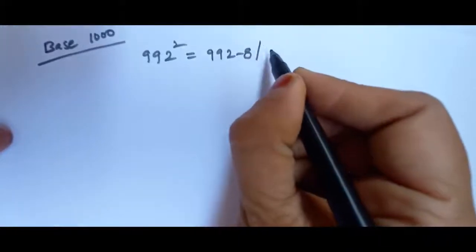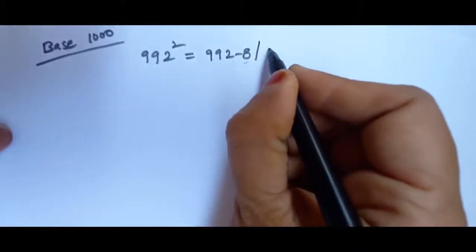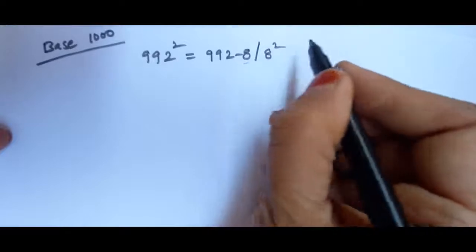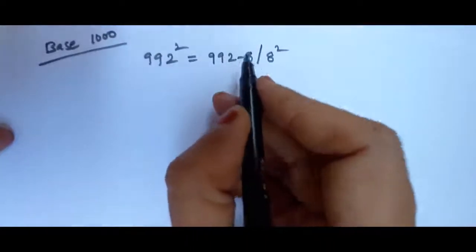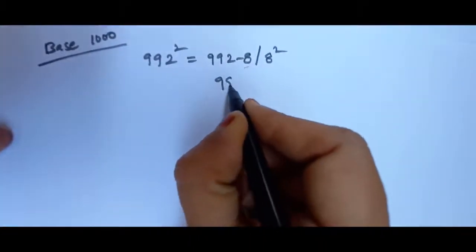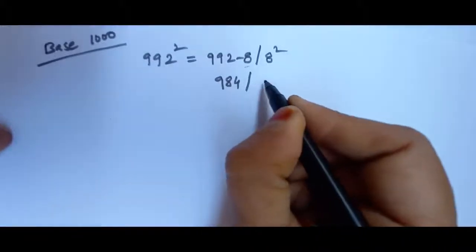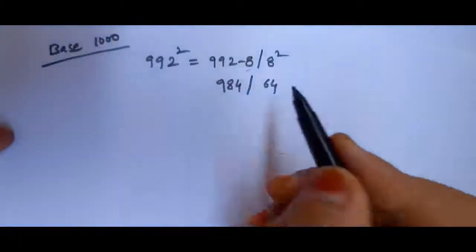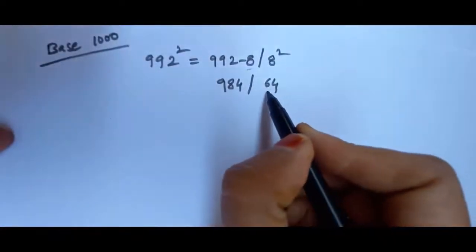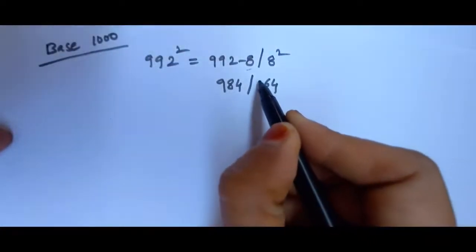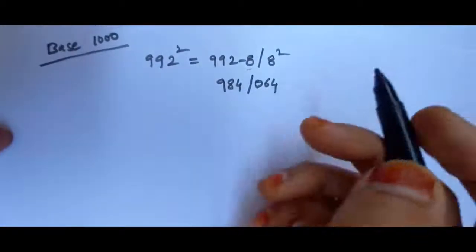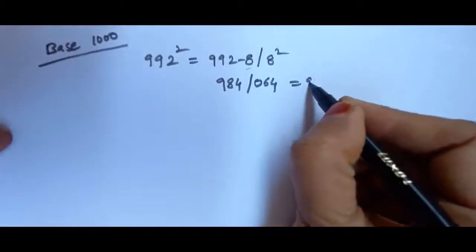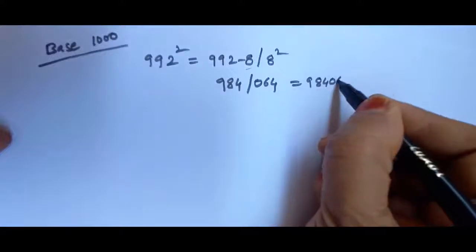Next, 8 square we need to write here, right? So 992 minus 8 is equal to 984. 8 square is 64. Here the base is 1000, so we need to write the answer in 3 digits. But here we got only 2 digits, no? So we need to add 0 here. So what is the answer? 984064 is the answer.